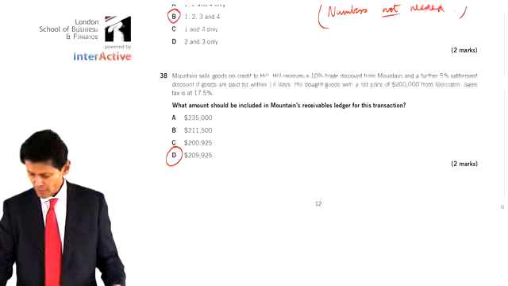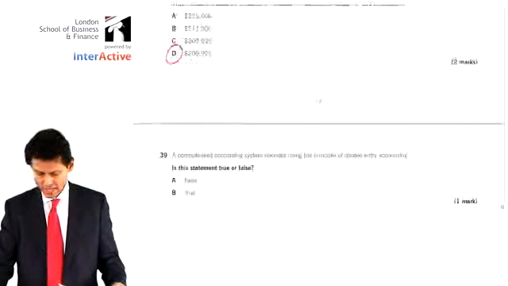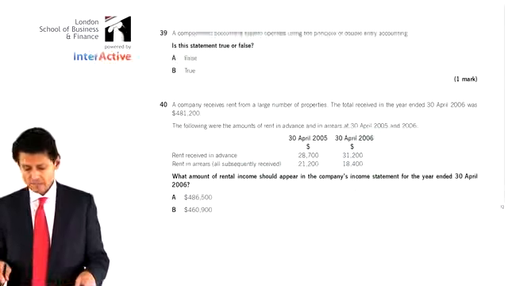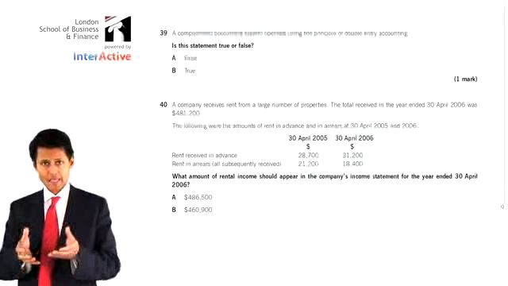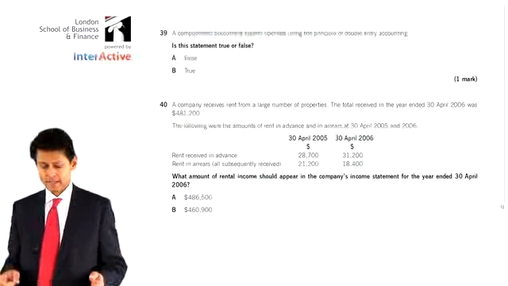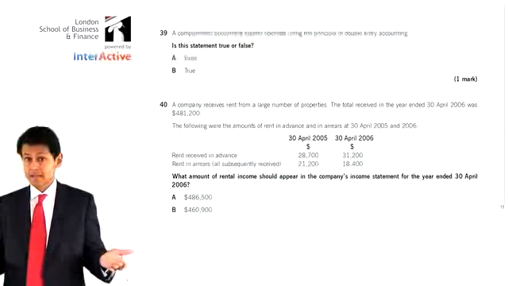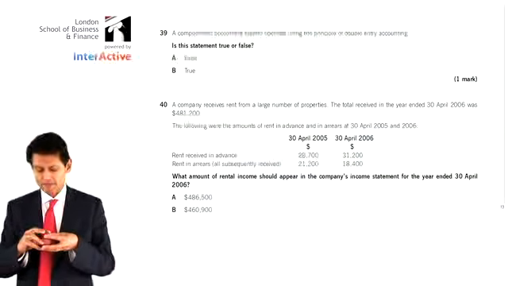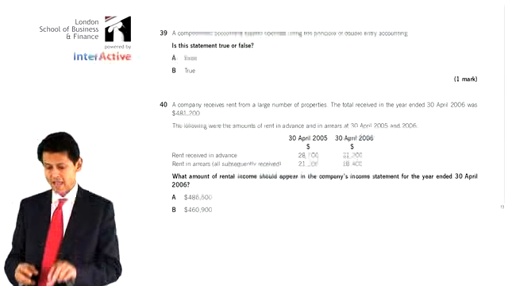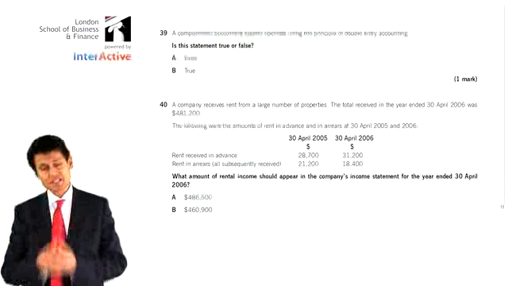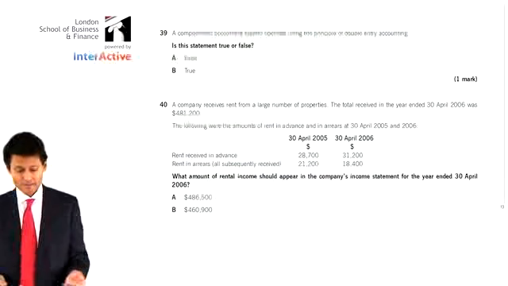And so we move along nicely to the next challenge, number 39. A computerized accounting system. Notice how fair this paper is, as the real exam will be. We had to struggle through, no doubt, point number 38, especially the bit about the VAT, or the sales tax. And then you come to something like point number 39, which is ridiculously easy for 1 mark.